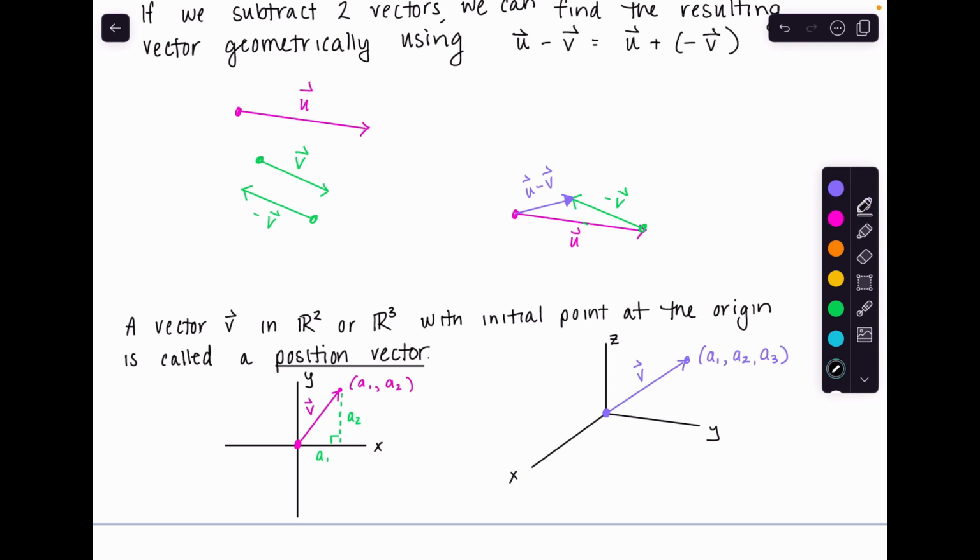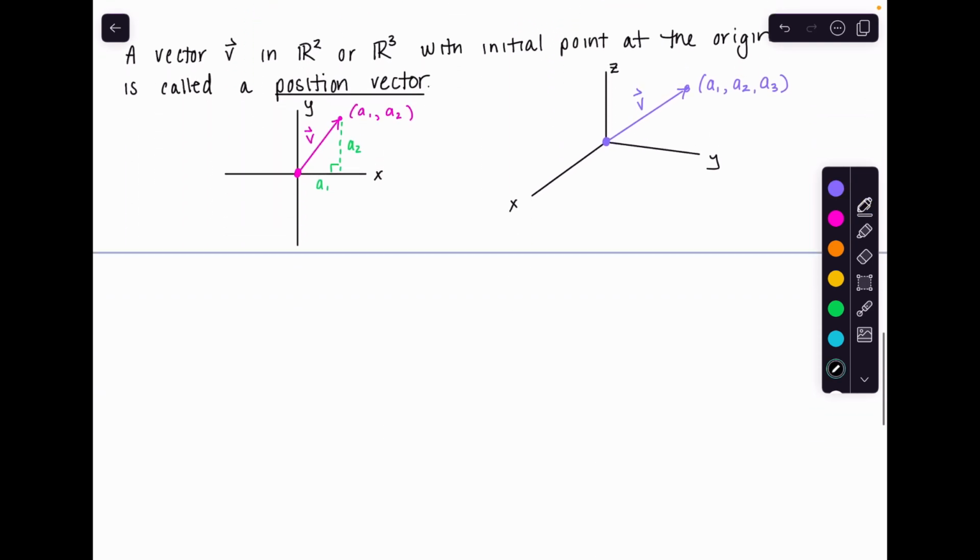So where it ends is super important for us. The terminal point here is either A1, A2, or a triple A1, A2, A3.